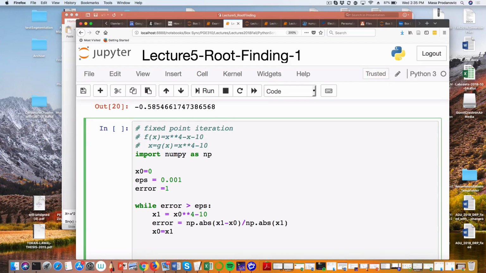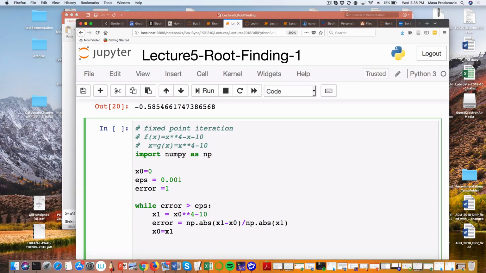Two things I wasn't careful with. I wasn't checking whether I'm dividing by 0 here. I could hit a 0, in which case my error would be infinite, but it would probably just fix itself up in the next iteration, so it's not a huge deal. And one thing that I wasn't careful about is that there's a very good chance this doesn't converge.